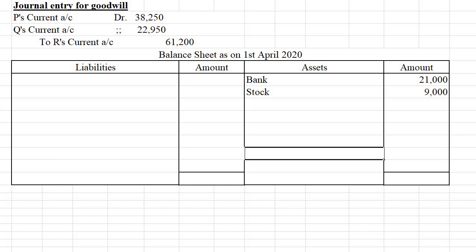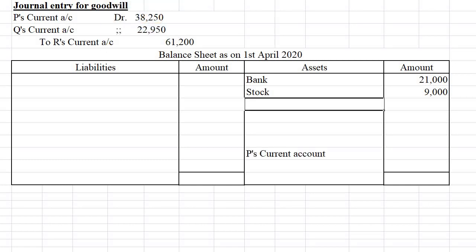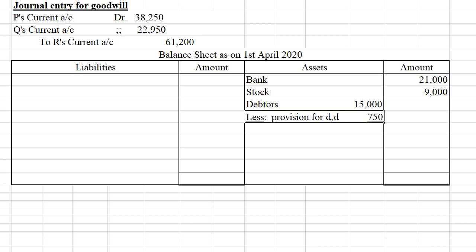Then let us write the debtors. Here debtors is there. Less provision for doubtful debts. Yes, debtors inner column 15,000. We have to reduce now the provision for doubtful debts 5%. 750 is deducted and remaining 14,250.